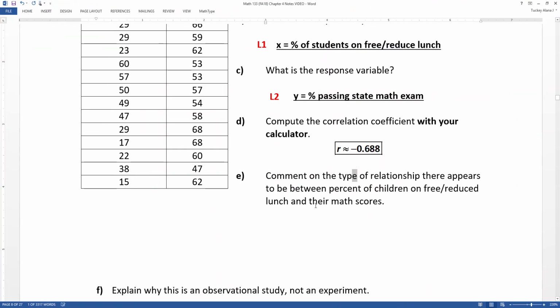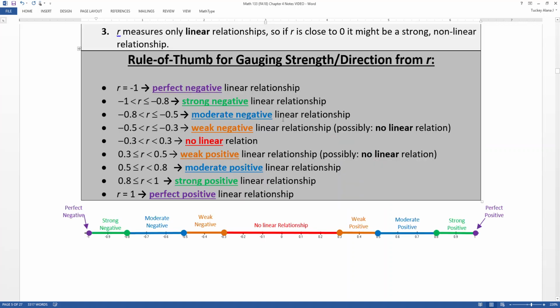Okay, now what kind of relationship does there appear to be between the percent of children on free reduced lunch and their math scores? Well, that's a negative relationship, and at 0.688, that's a moderate relationship. Let me scroll back to the table so we can double check. Negative 0.688 falls between negative 0.5 and negative 0.8. It's in this blue zone over here.